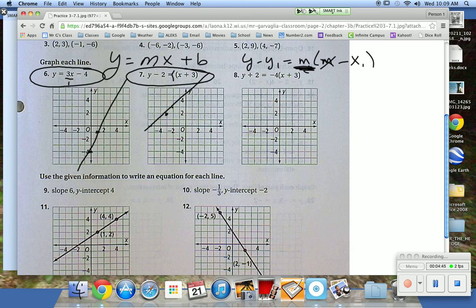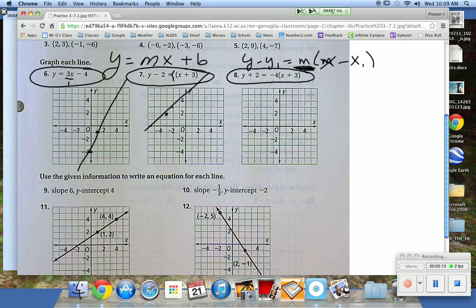Let's look at the last one here. What form is it in? Point slope. So what's our point? Minus. This is a plus. Minus 2. So it's going to be minus 2, and that's our y. What's our x? Minus 3.